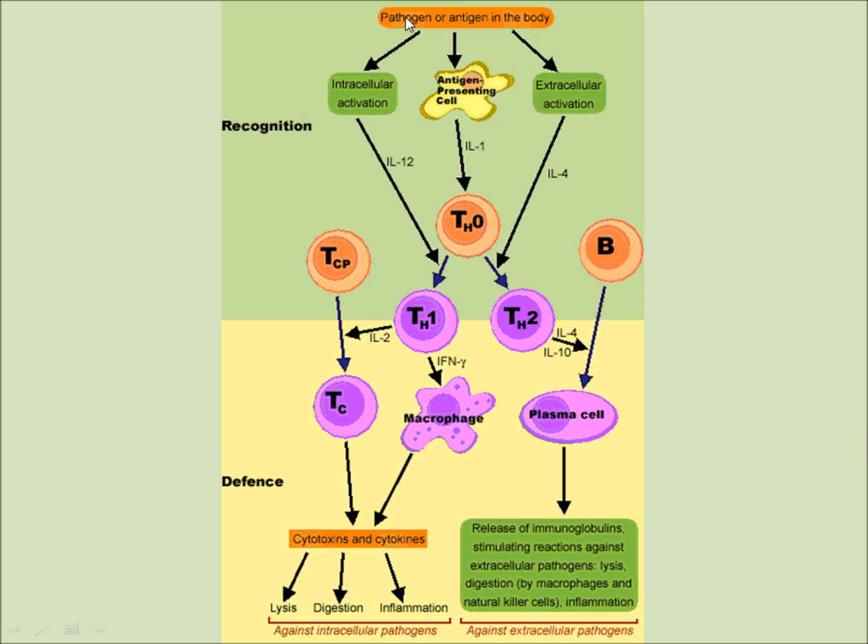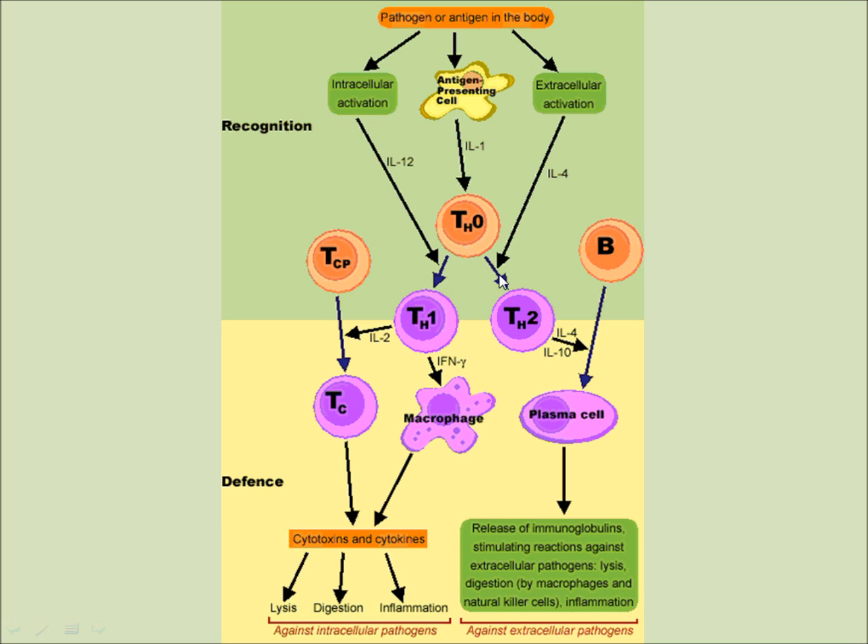So here is the pathogen in the body that is recognized by a variety of different things, mostly the T helper cells. Then what happens depends on what the pathogen is and what response is required.